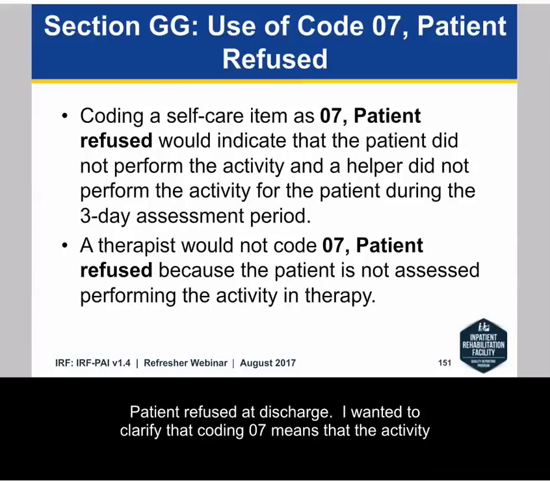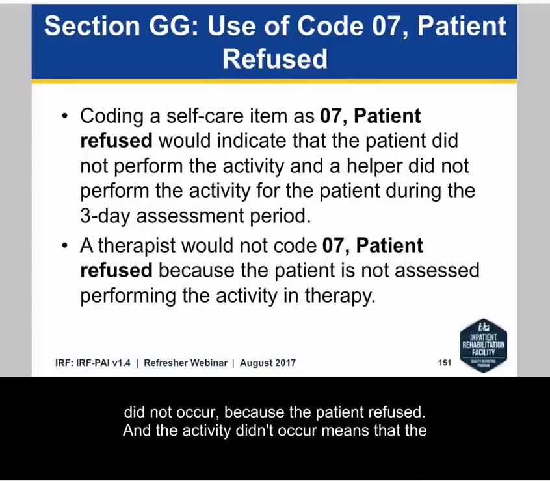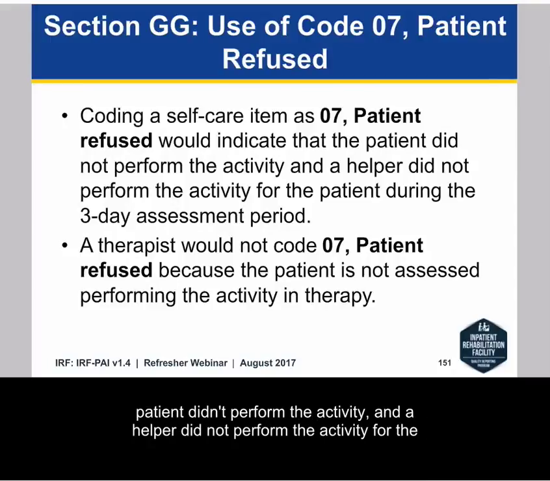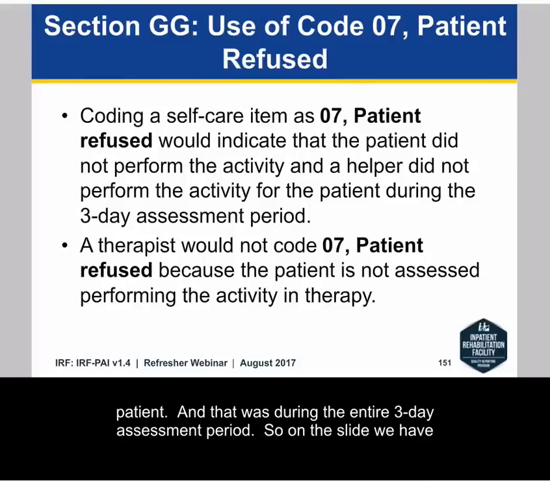I wanted to clarify that coding 7 means that the activity did not occur because the patient refused. And the activity didn't occur means that the patient didn't perform the activity and a helper did not perform the activity for the patient, during the entire 3-day assessment period.